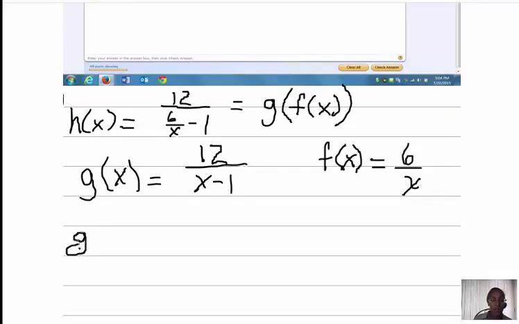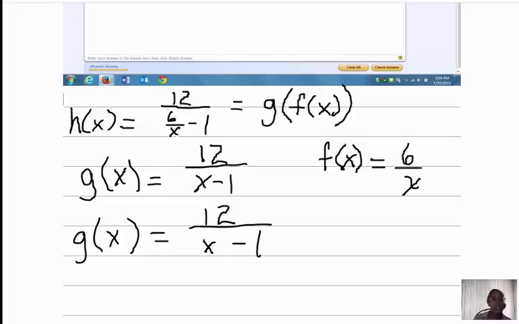And let me just do something real quick here, just to illustrate this point. So notice how you start with g of x, and that's 12 over x minus 1.